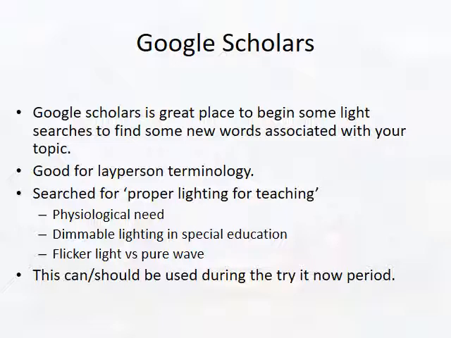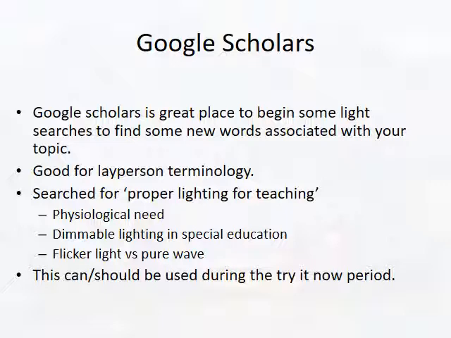If you look at bullet point number 3 there, and then the proper lighting for teaching, that was the original model from lecture number 2. When I typed in proper lighting for teaching, one of the things that came up right in that first page, by opening up maybe 2 or 3 articles, and not even spending all that much time, but just reading through a little bit and skimming through, I found those 3 things which later impacted my searches for the articles that I really did want to use as part of my literature review.